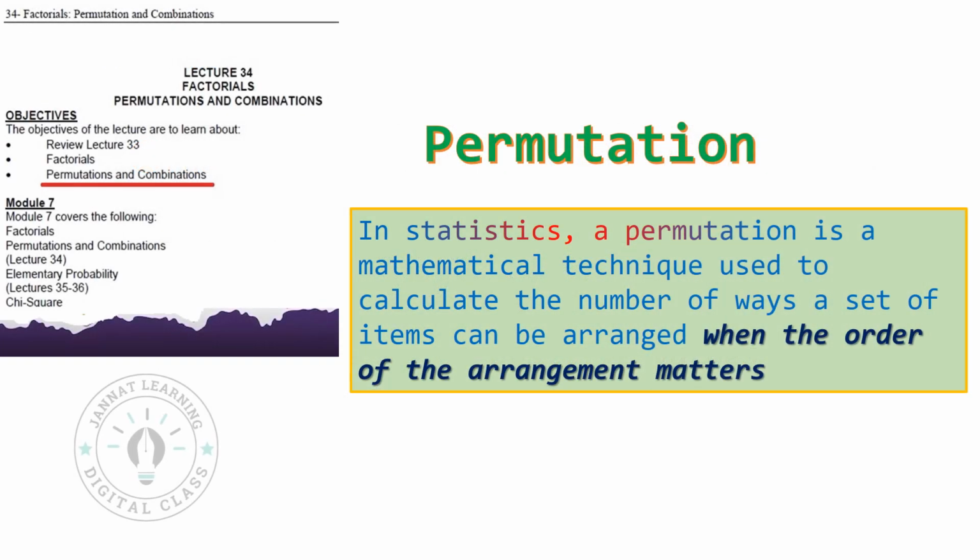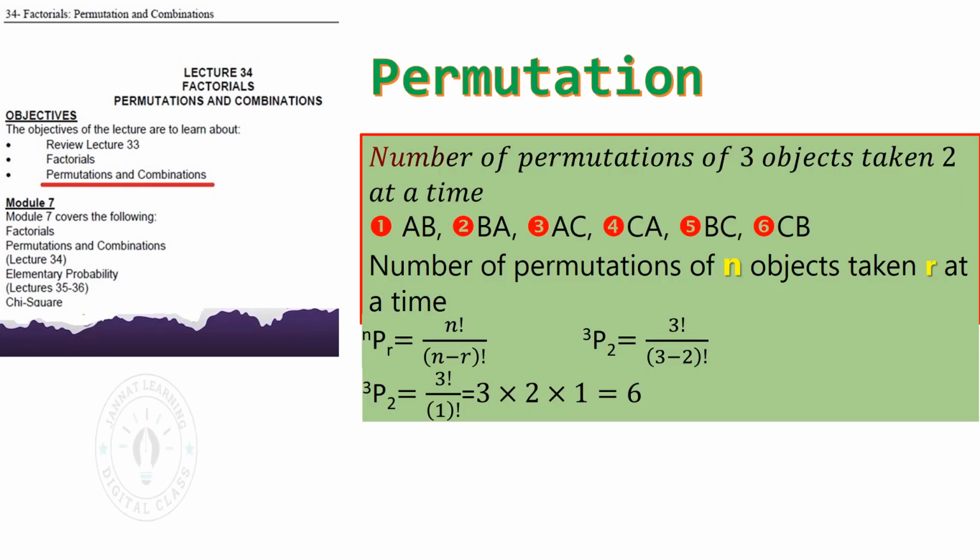In statistics, a permutation is a mathematical technique used to calculate the number of ways a set of items can be arranged when the order of the arrangement matters. Example number 2, in handout: number of permutations of 3 objects taken 2 at a time.